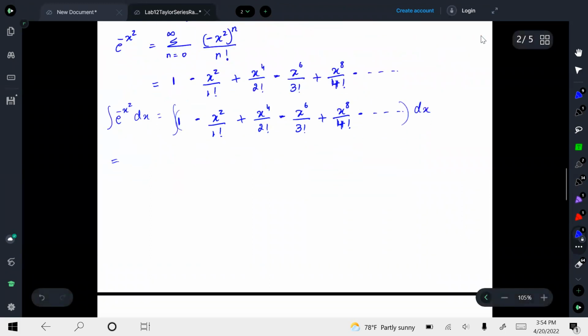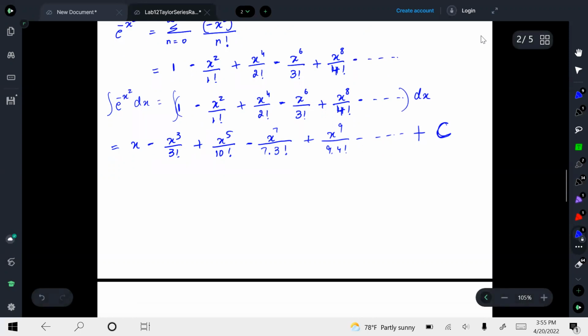Now let us integrate the series. The integral of 1 is x, minus x cubed divided by 3 times 1 factorial, plus x to the power of 5 divided by 5 times 2 factorial, minus x to the power of 7 divided by 7 times 3 factorial, plus x to the power of 9 divided by 9 times 4 factorial, and so on. Not to forget, we need to add the constant as well.